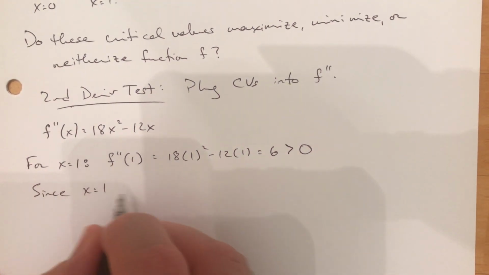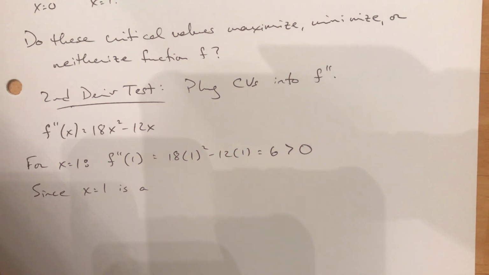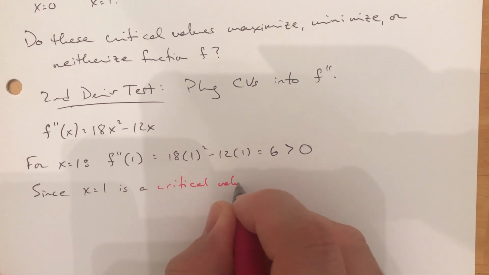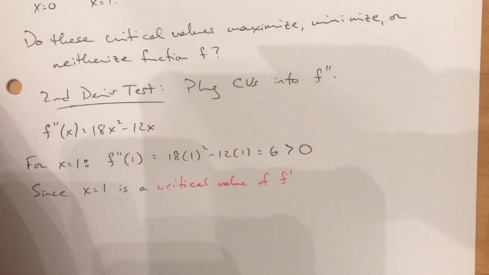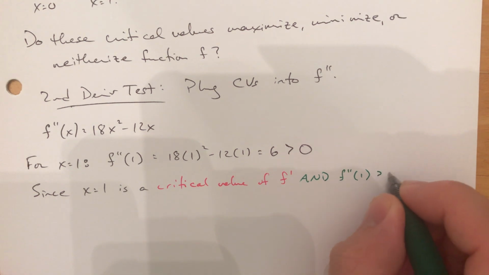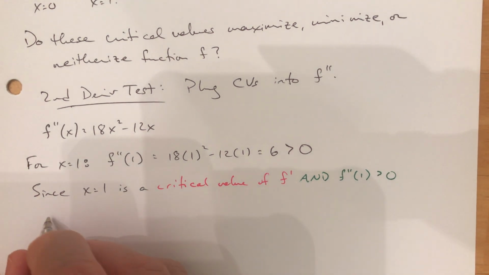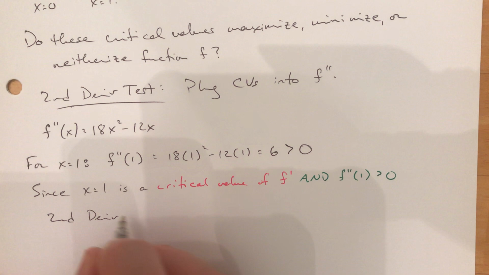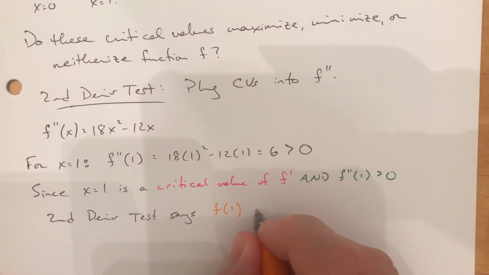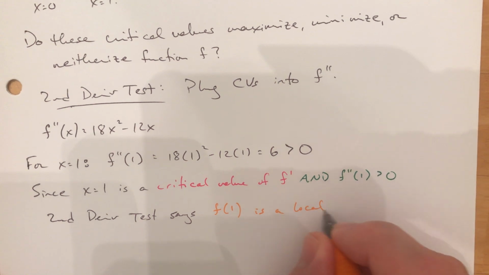And since x equals 1 is a critical value of f prime, and f double prime of 1 is positive, our second derivative test says that f of 1 is a local minimum.